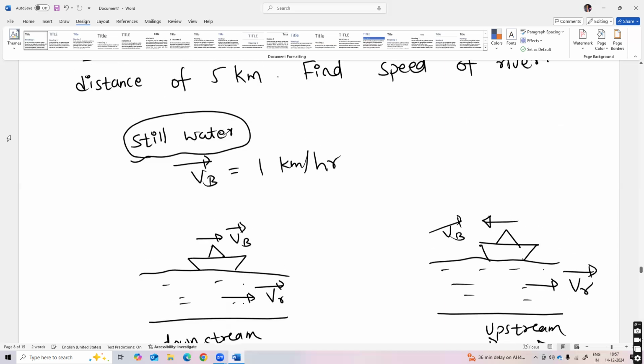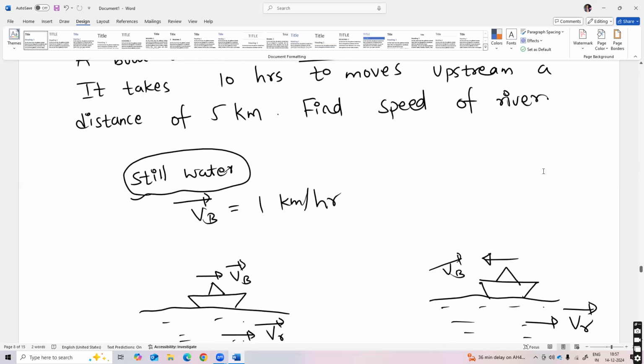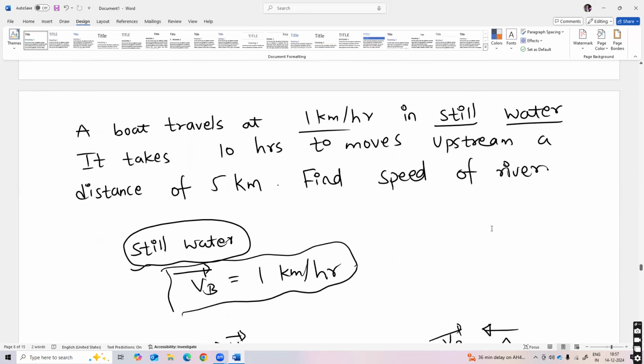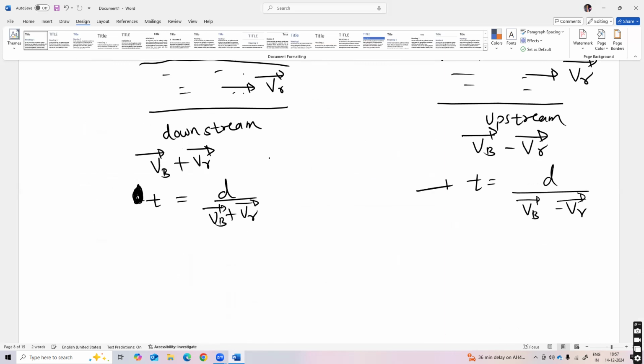Now they have given us a case where the boat travels at 1 kilometer per hour in still water, so this is the absolute velocity of the boat. They have also given that the boat takes 10 hours to move upstream a distance of 5 kilometers. Since it is the upstream case, it is VB minus VR.